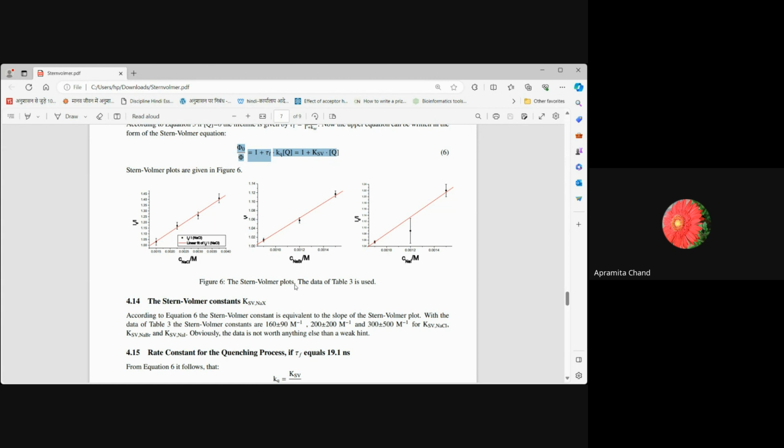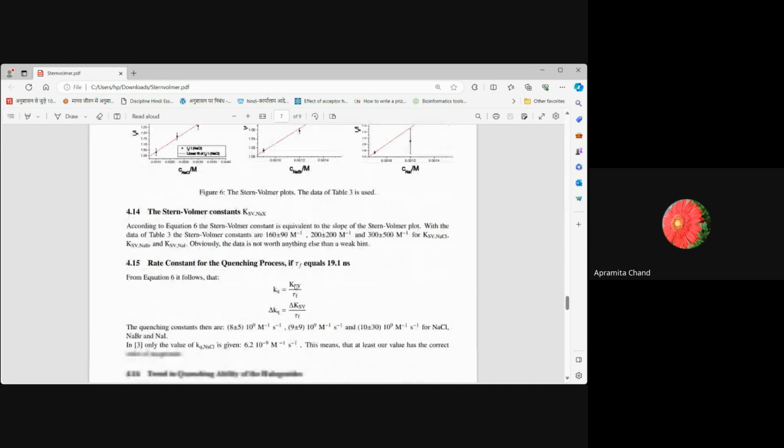If you plot it against the quencher concentration, then the slope of the Stern-Volmer plot will be K_SV, the Stern-Volmer constant. For various concentrations versus phi_0 by phi or I_0 by I, you can see the different constructs of the Stern-Volmer plots.